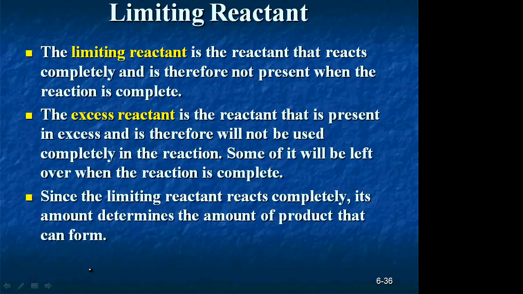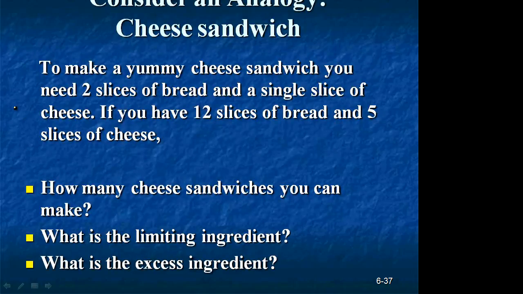Now the third point is important. We are going to use that logic later when we do the problems. Since the limiting reactant reacts completely, the amount of limiting reactant will determine the amount of product that can form. Okay, just hold on to that thought and let's make some sandwiches.